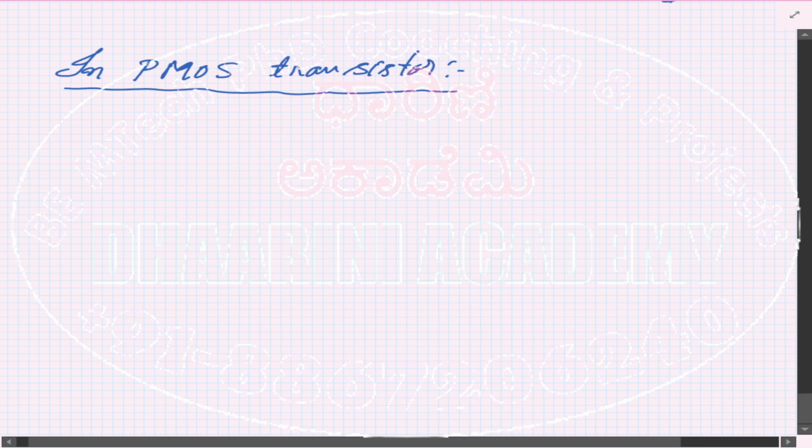For the PMOS, this is actually an inverted version. Whatever we studied in the NMOS gets inverted when it comes to the PMOS because the polarity is reversed. NMOS means N channel, now PMOS indicates P channel. So the P channel should have more holes compared to the electrons in the previous case.